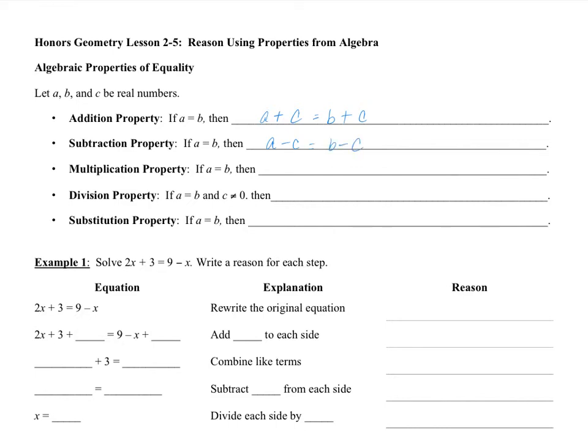If A equals B, then A times C equals B times C. Division property. If A equals B and C does not equal 0, then when you divide both sides of the equation by C, it is still balanced.